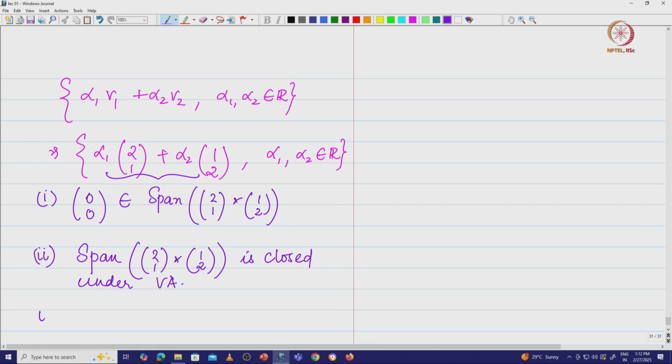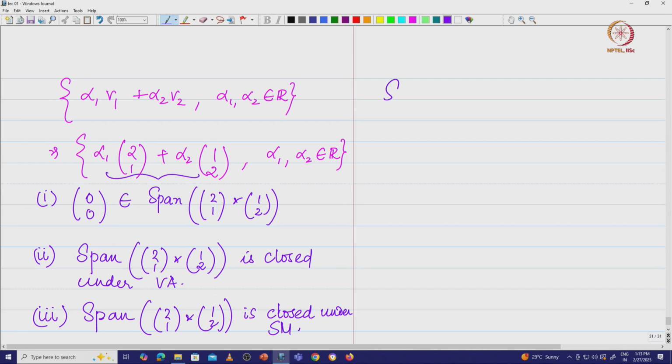Therefore, the span of (2,1) and (1,2) is closed under scalar multiplication. Therefore, we see the span is a vector space, closed under vector addition and scalar multiplication.